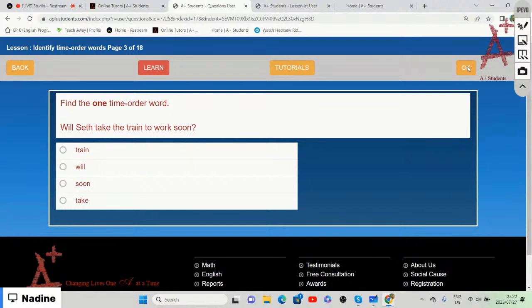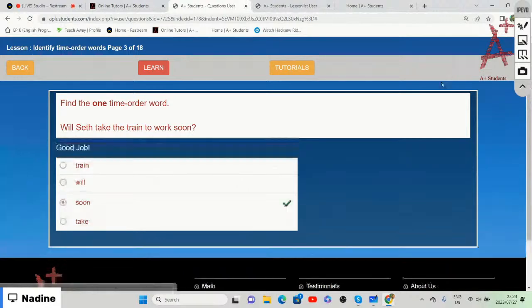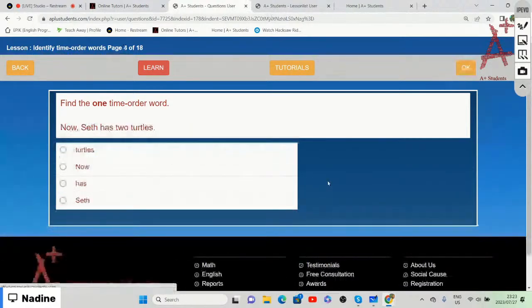Is it train, will, soon, or take? All right, if we identify the correct one time order word within the sentence, then we will say it is soon. Well done. Soon.